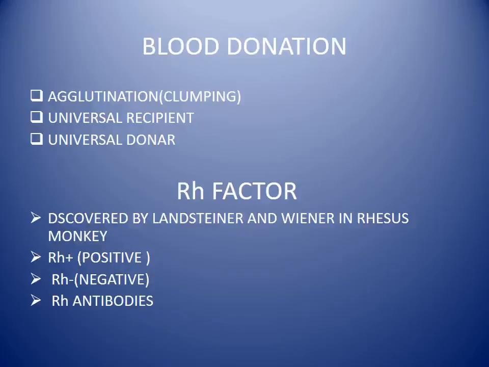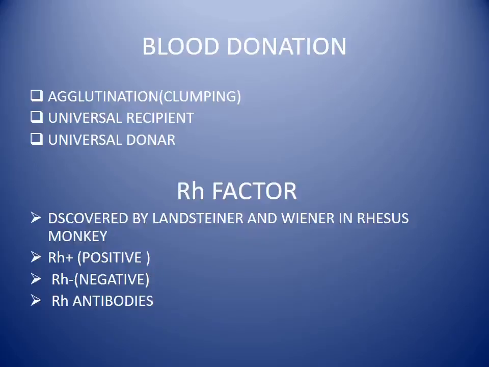In blood transfusion, one must consider antigen and antibody compatibility. Compatibility means matching between the donor and the person receiving blood. Recipient and donor blood must match, otherwise there is a problem.